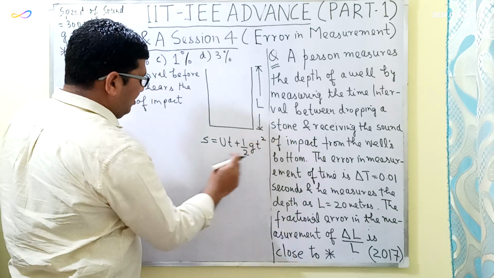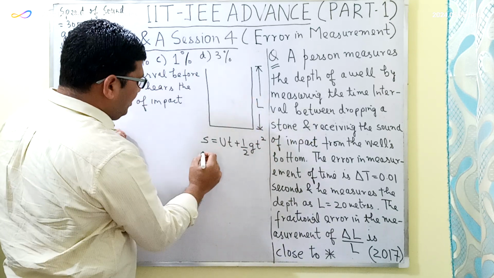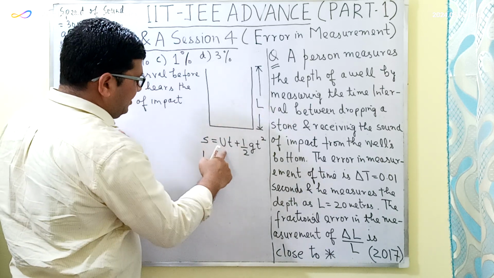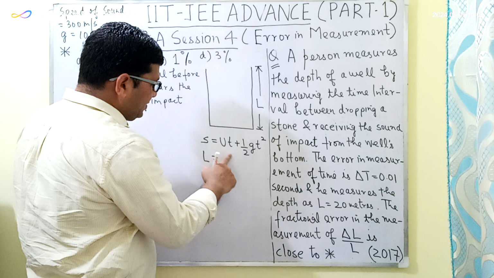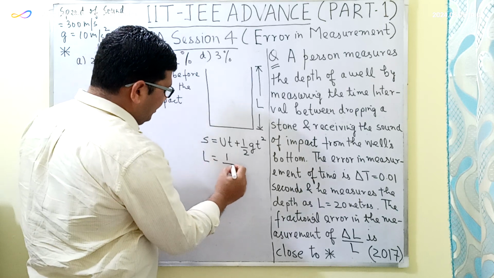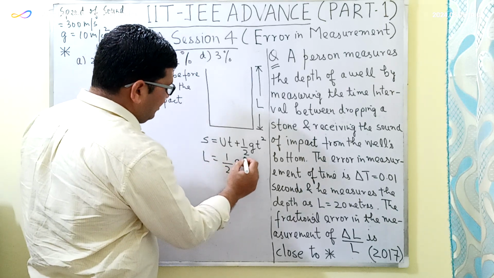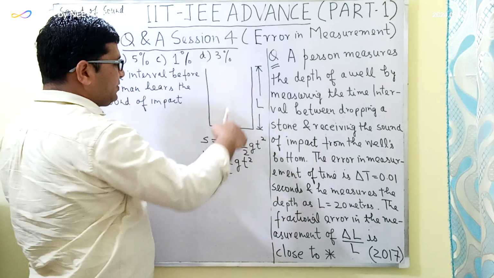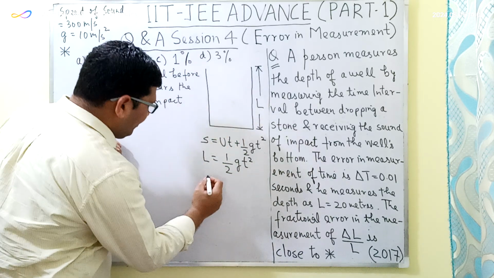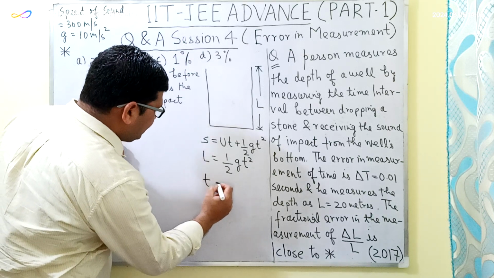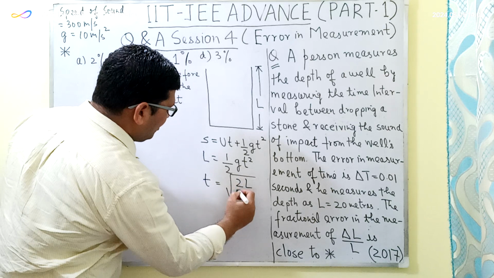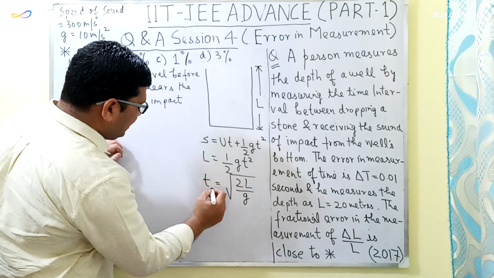So here S is equal to L, which is the depth of the well, and the initial velocity is 0, so this term will be 0, and we will be getting half g t square, where t is the time taken by the stone to reach the bottom of the well. So t is equal to under root of 2L upon g. Let us take this t as t1.